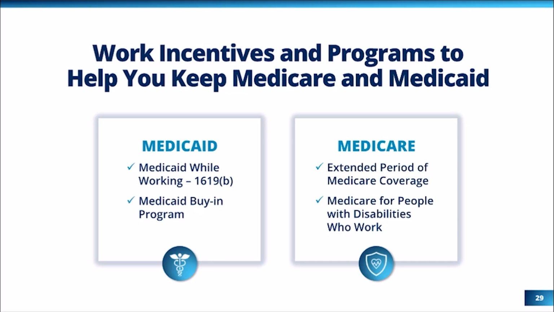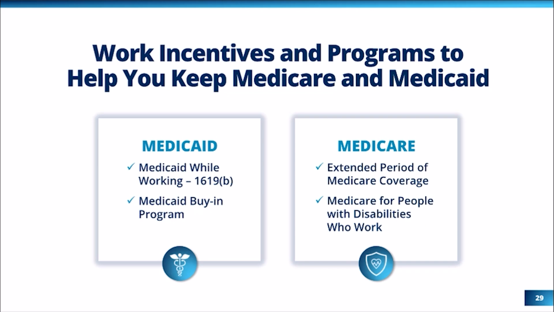And if you have a very expensive medical program that you have to abide by, we can give you your own threshold for that. So you're doing really well and you're making a lot of money, but you still need Medicaid to get some of those services that are helping you work.